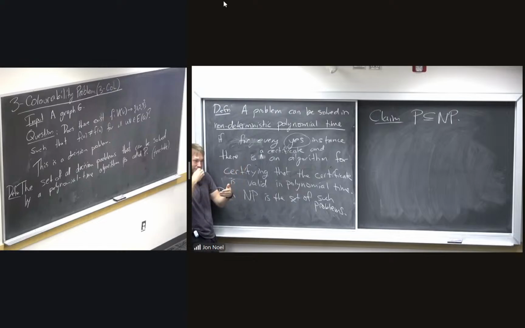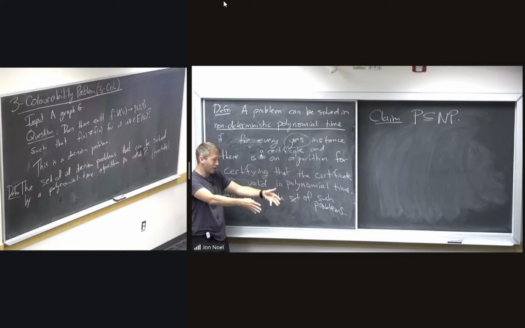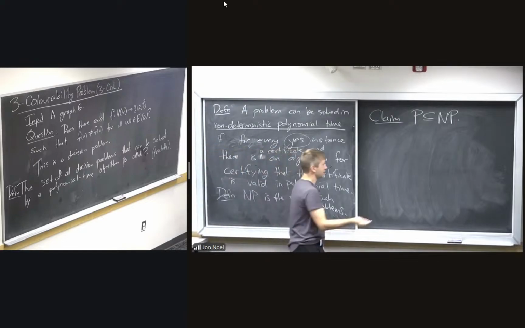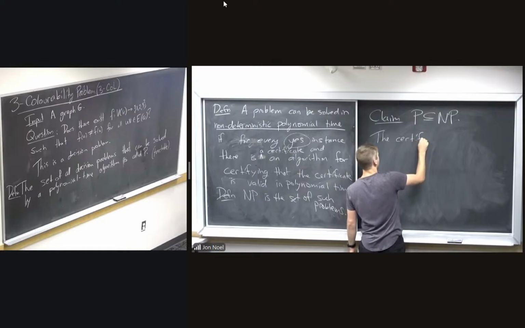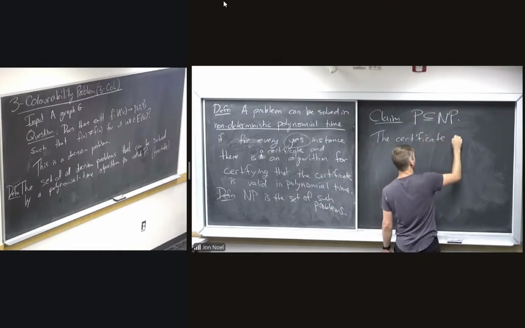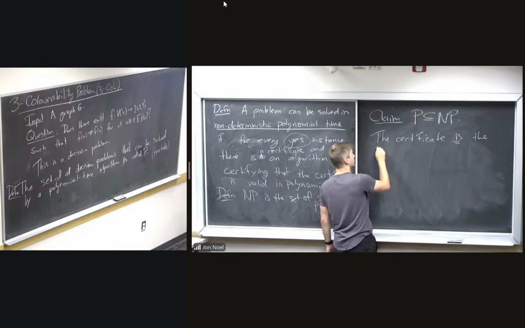So is there a certificate and an algorithm to check it? Yes, because you could just give the original problem and say, please go check it in polynomial time. So the certificate just is the instance of the problem. So it is true, and this is maybe a proof.